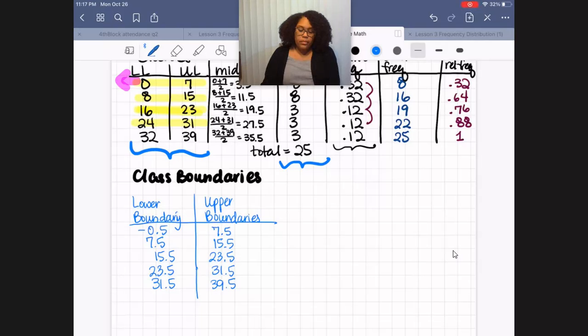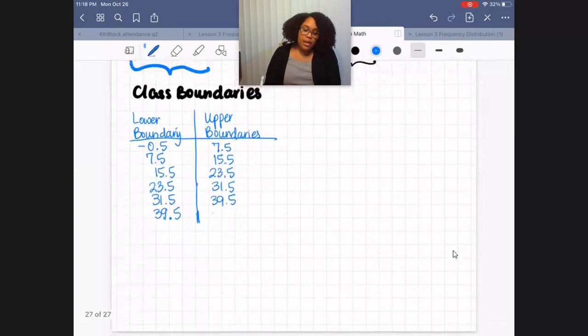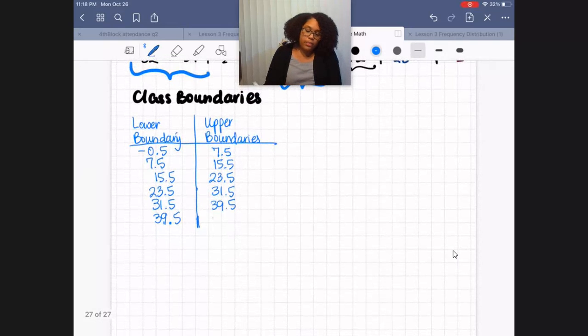Now, let's go back to the very end now at 39.5. Let's go ahead and stretch this to where this is going to be 39.5. And we're going to stretch it up to, let's just leave that like that. So now this is going to be what I'm going to use as my number line for my histogram.